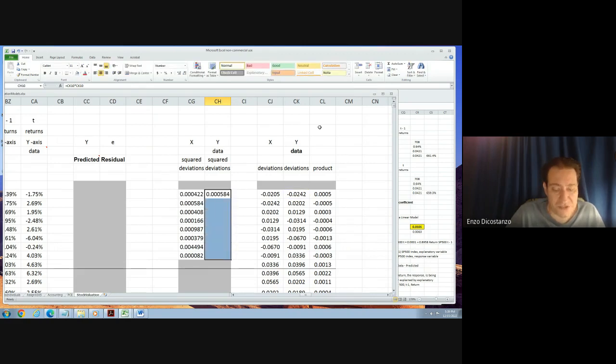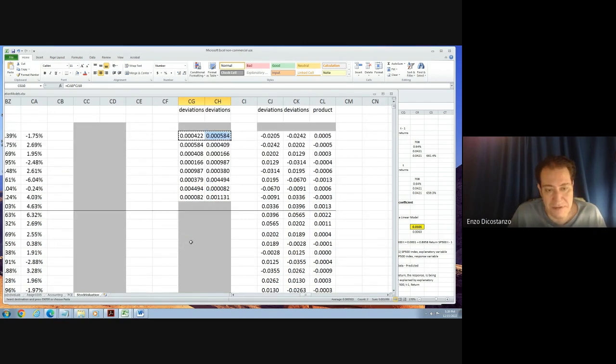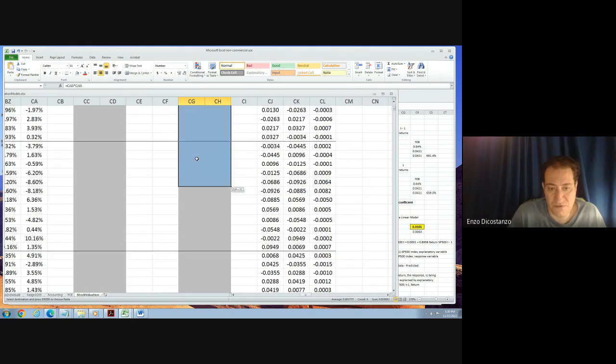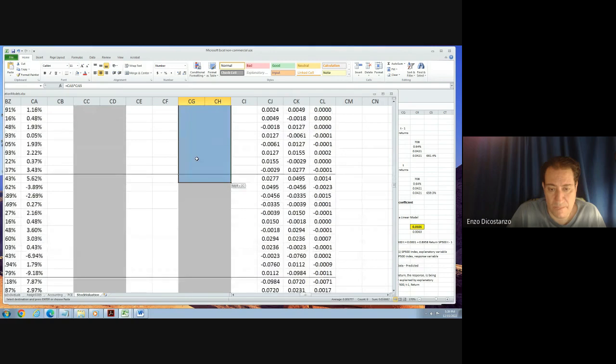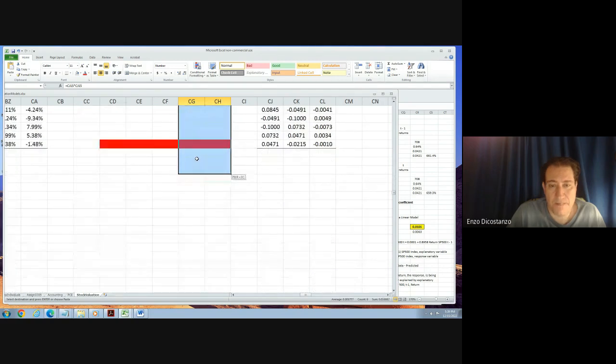And now what we can do is take a big hammer, in a sense, right? Say copy and just go across, go all the way down. Alt HV formula.